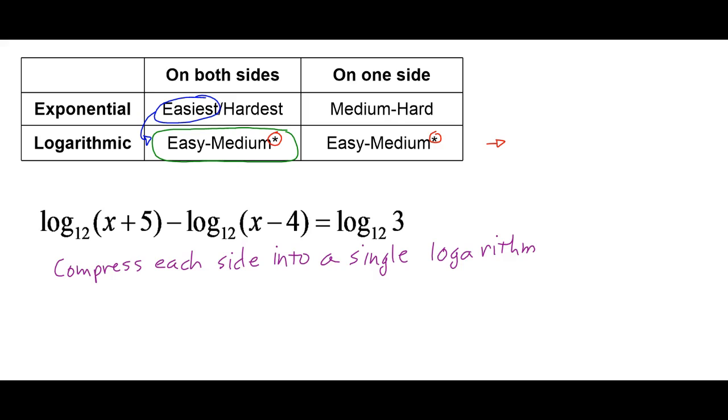The logarithm properties we learned a couple of sections ago tell us that when we make a single logarithm out of that, it'll be a log of a quotient. X plus 5 will be the numerator, x minus 4 will be the denominator. So that's your first step. Make each side of the equation into a single logarithm only.